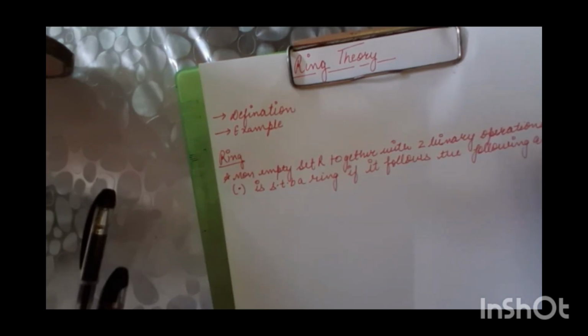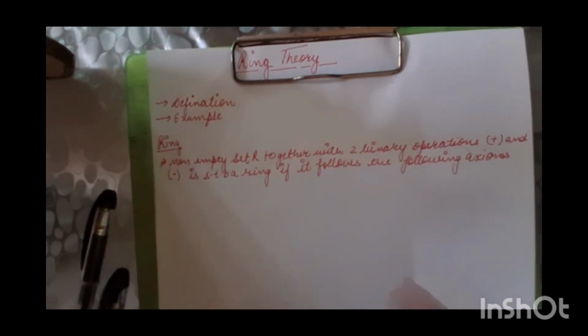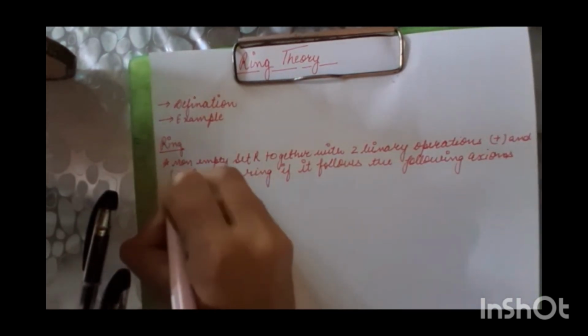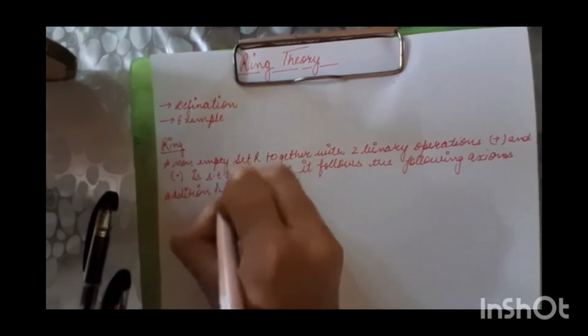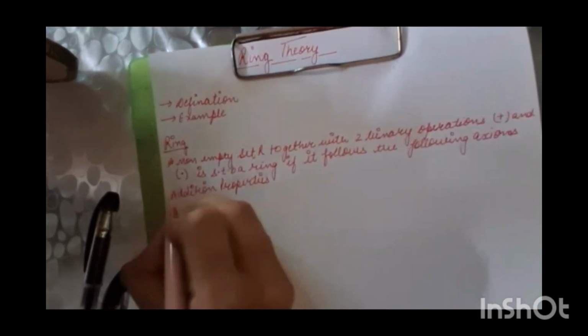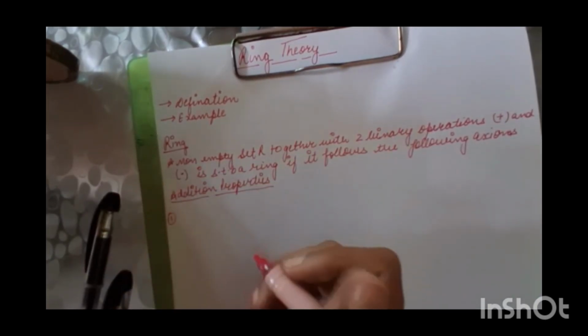I hope it is clear. For the first, we'll be doing it with respect to addition. There are a few properties that we need to follow. The first one is the closure property.